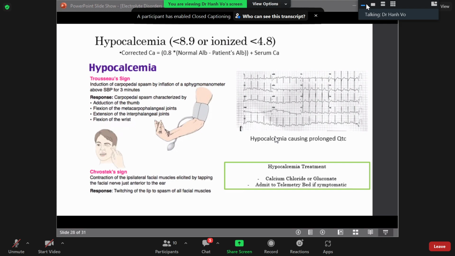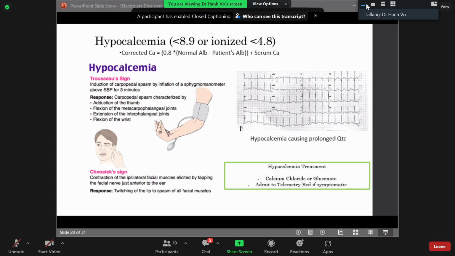Or you can find the Chvostek sign, when the facial or eye muscle twitches after we tap the facial nerve. The patient with hypocalcemia can develop cardiovascular effects with a prolonged QT interval, leading to ventricular arrhythmia, heart block, or cardiovascular collapse, even cardiac arrest.